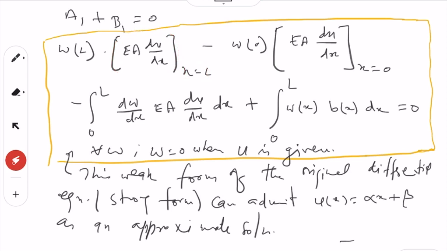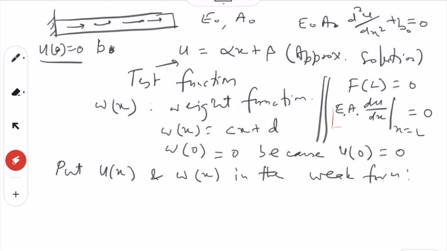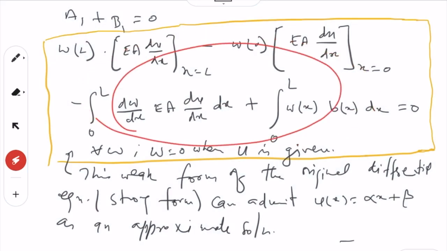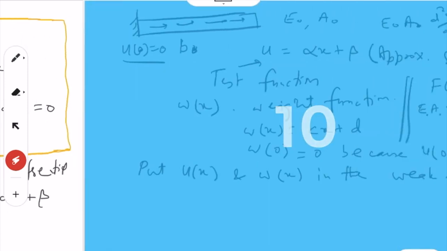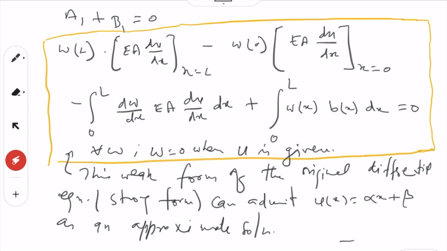So E naught A naught du over dx at x equal to L equals 0. This is the general condition, and we customize it to our problem, where this term will be equal to 0.